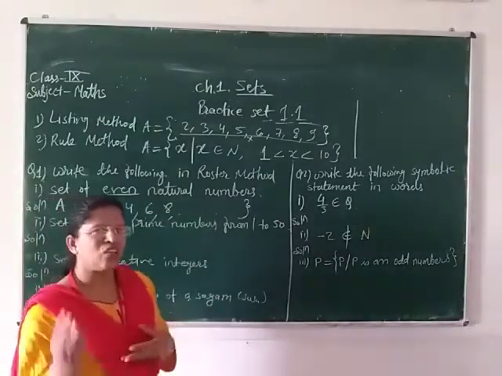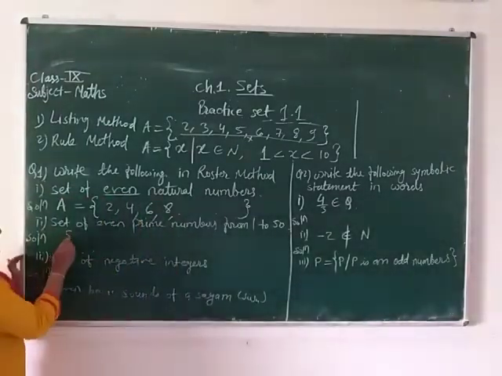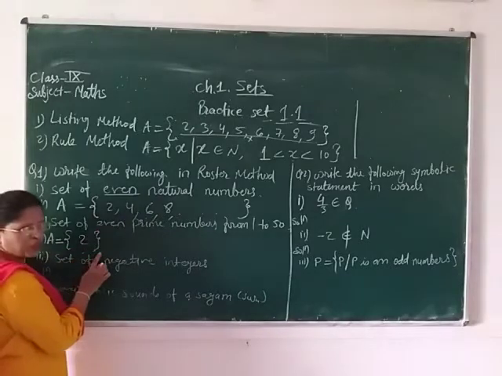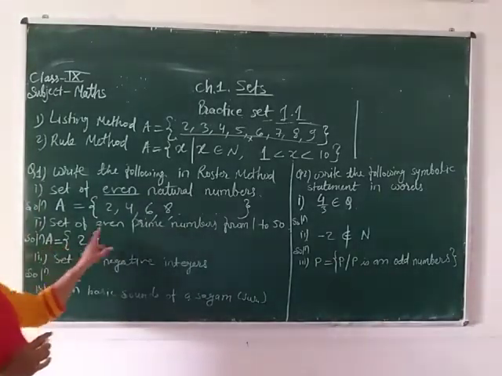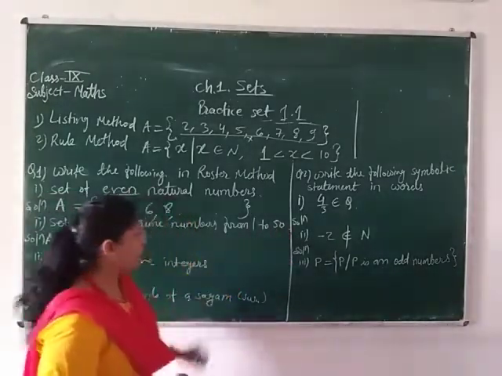All the other primes here are odd numbers, but only one is even, that is 2. So A equals the set {2}, the set of even prime numbers from 1 to 50.